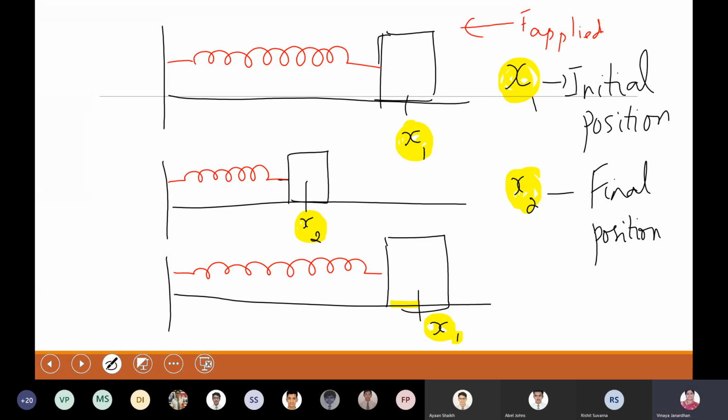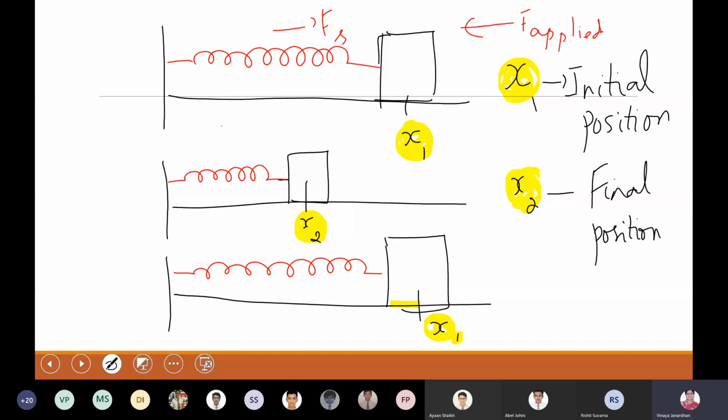The moment you apply a force, there will be a spring force acting in the opposite direction. You have compressed it so that it moves to the position x2.